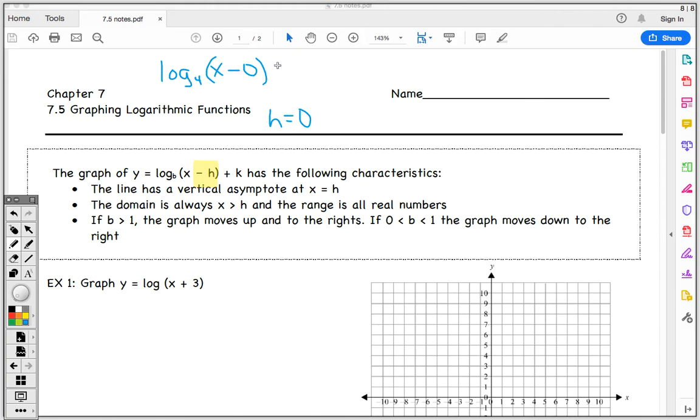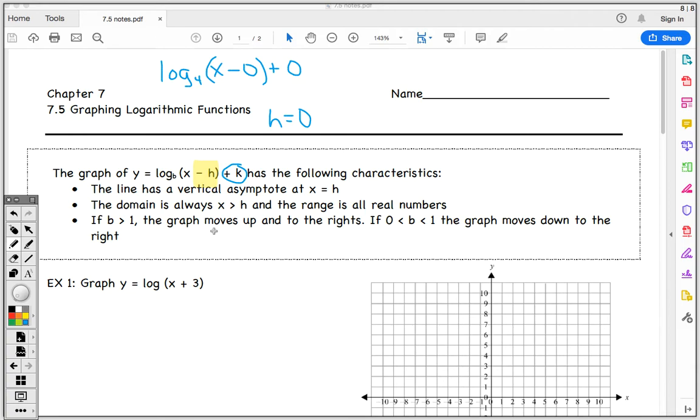We could also put a plus 0 afterwards, which is going to be our k. But our k isn't going to tell us anything, according to the notes on this one.